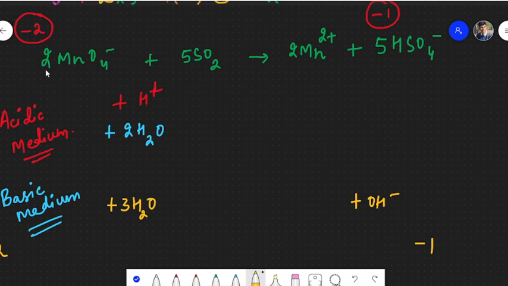On the reactant side, 2 into 4 is 8, plus 10 is 18, and these 3 oxygen make 21. On the product side, 5 into 4 is 20 and this 1 oxygen makes 21. So everything is balanced. This is the way to balance a chemical reaction in the oxidation number method, either in acidic medium or basic medium. I hope you understood this. This was -2; it was out of the screen. This is -2 and this is -1.